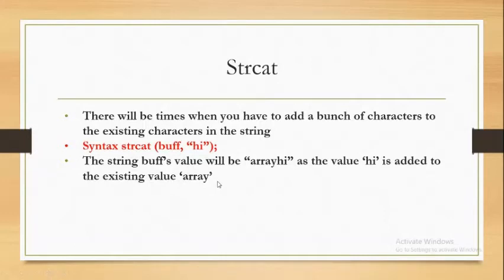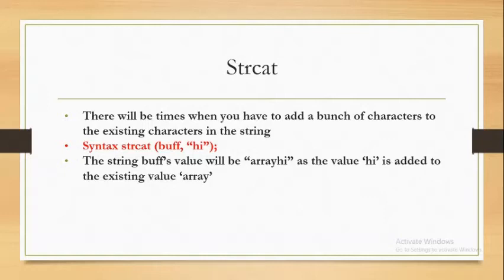And one thing you should be careful about is, for example, after adding high, you have seven characters with a null terminator. That means the total array size is 8. The array can store 8 characters. But what if the buff size is lesser than 8? Then at that point of time it again leads to undefined behavior.